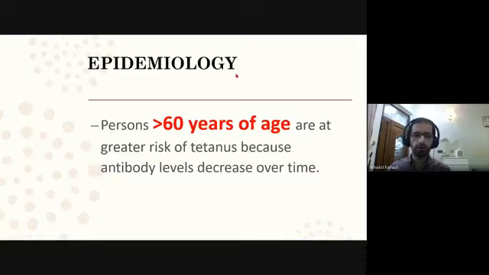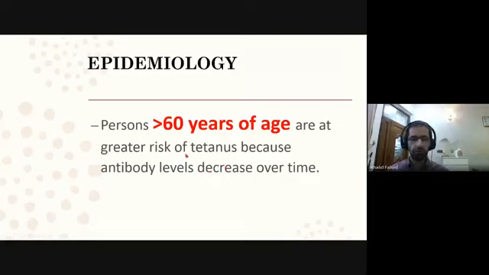What about the epidemiology of the disease? It is a classical disease. Persons more than 60 years of age are at greater risk of tetanus. Why? Because antibody levels decrease, or what we call wane, over time. Even a patient who has had full vaccinations, after the age of 60 these antibodies and the immune response will wane over time. What does wane mean? It means decrease, so the antibody response will be decreased.